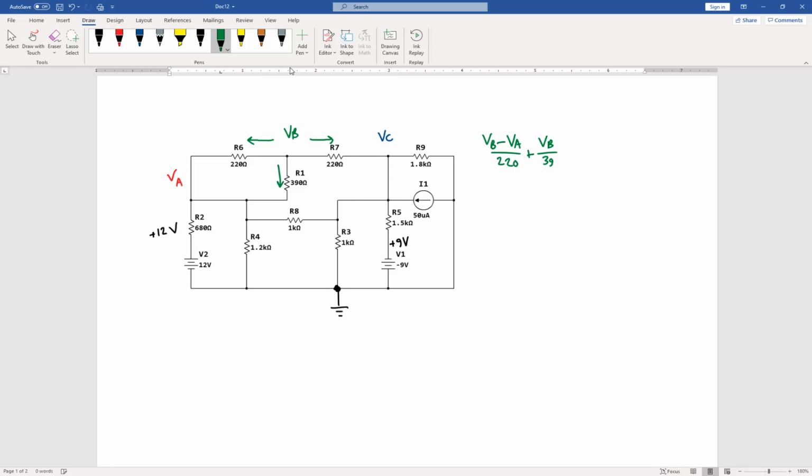Oops. So on the other side of R1 we have the voltage VA. Then finally the one going to the right.